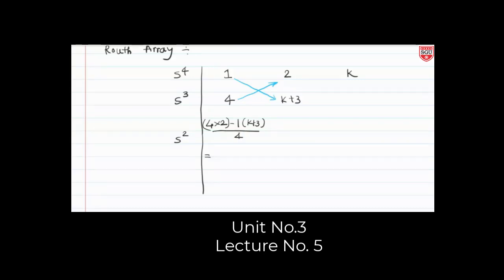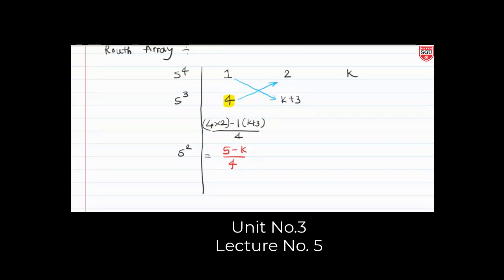So what will be the answer? 4 multiplied by 2 is 8, so it will be 5 minus k, the whole divided by 4. Correct.